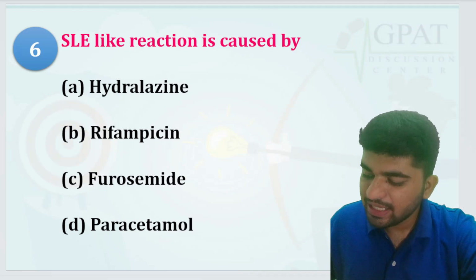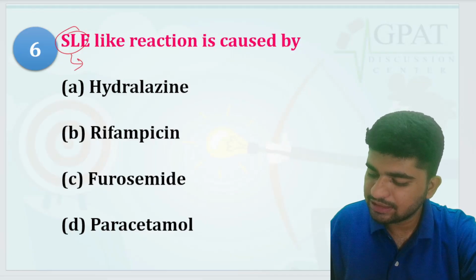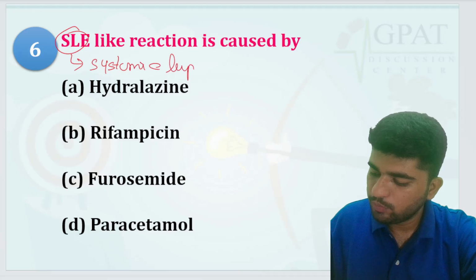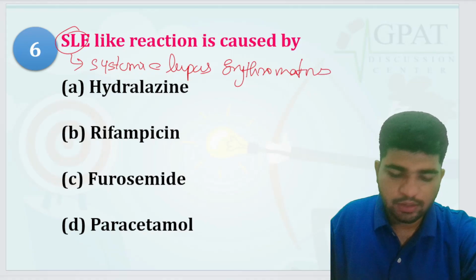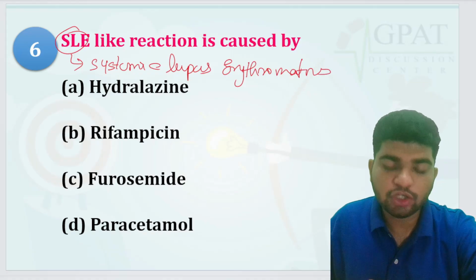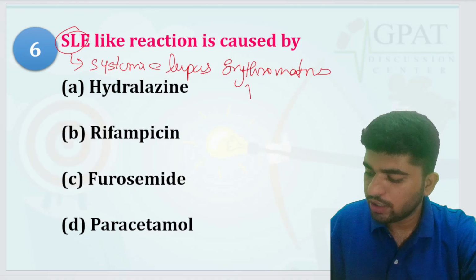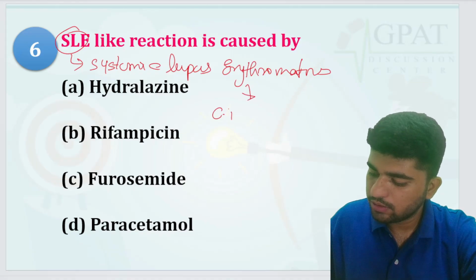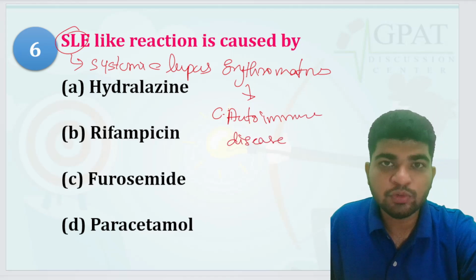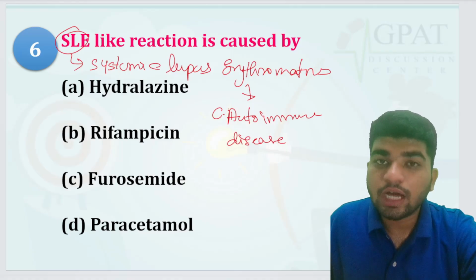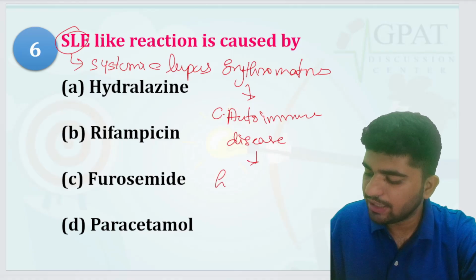SLE-like reaction is caused by what? What is SLE first? SLE is systemic lupus erythematosus, a chronic autoimmune disease where the immune cells mistakenly cause harm to our natural, healthy tissues.